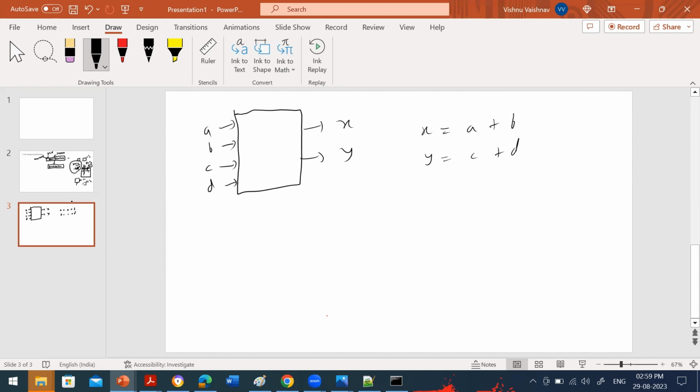The specification says this chip has four inputs and two outputs, and output X is just the addition of A and B, two inputs, and Y is nothing but the addition of two inputs, C and D. What do you think? How many adders do you need to design this?